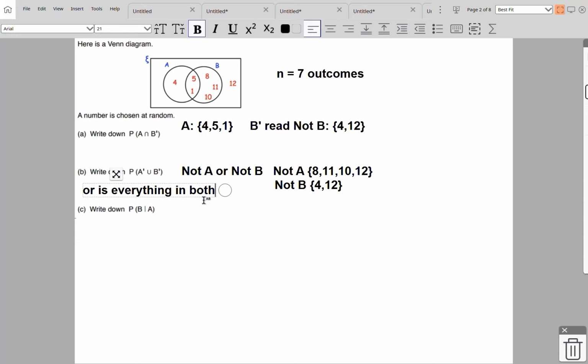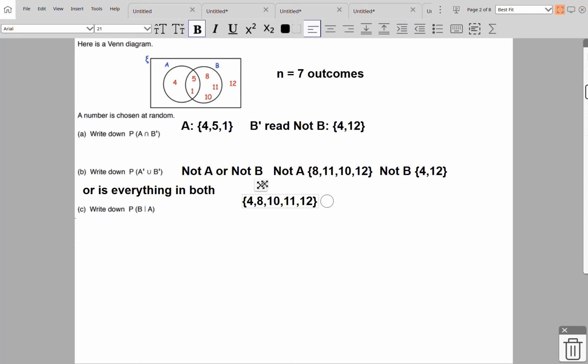Let's try and do this in order here. I'm going to try and go in increasing order. There's a 4, there's an 8, there's a 10, there's an 11, and there's a 12.